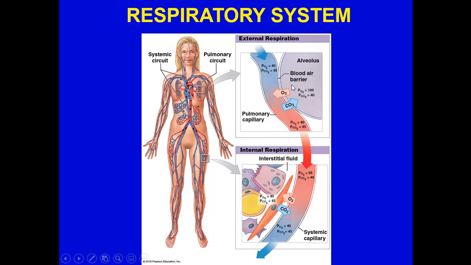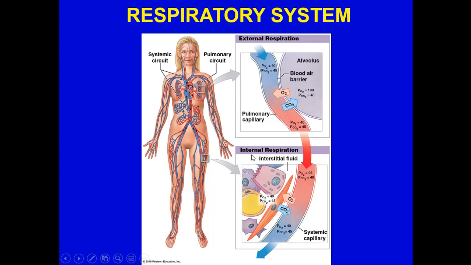There is a much greater amount of oxygen in the alveolus, and it will go into the blood. As you can see, the oxygen level, and I believe that's a typo, because it should be a much higher amount in the pulmonary capillary. And the PCO2 should drop also, because you're going to get this oxygenated.